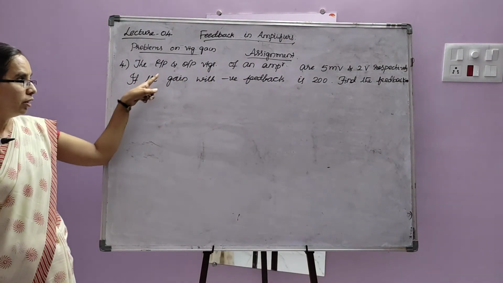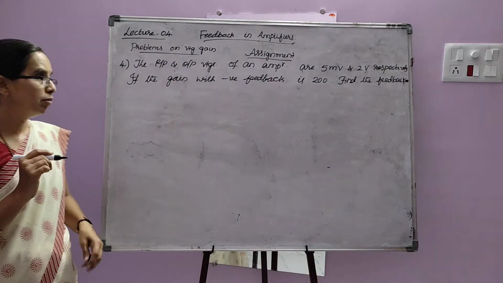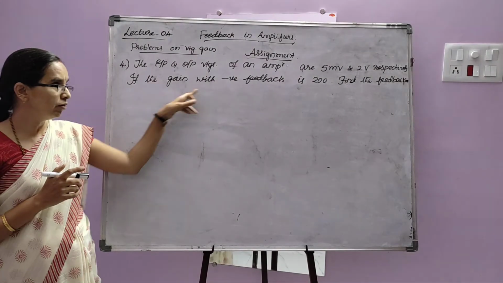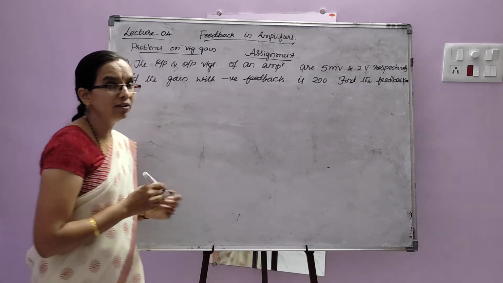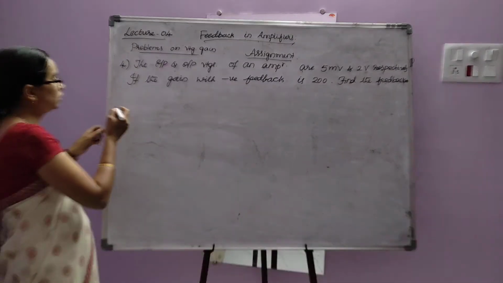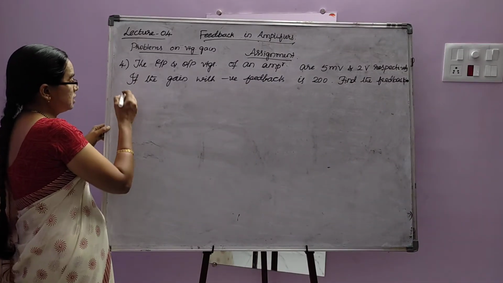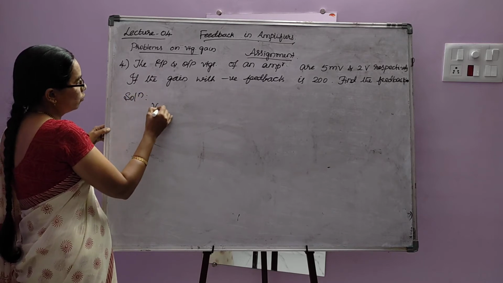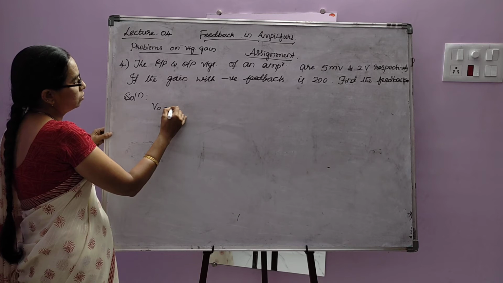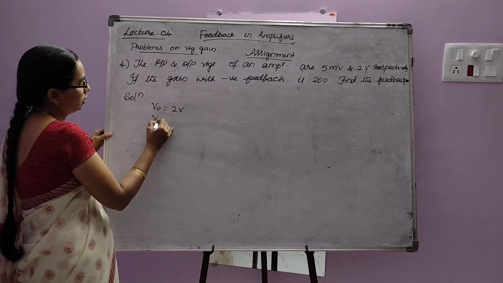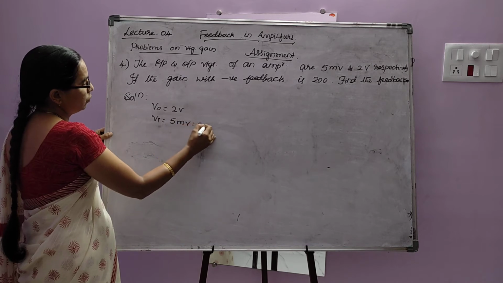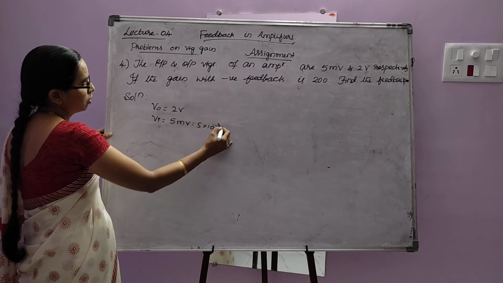See, the input and output voltages of an amplifier are 5 millivolt and 2 volt respectively. If the gain with negative feedback is 200, find the feedback fraction. So here they have given, for the basic amplifier, V0 is equal to 2 volt, Vin is equal to 5 millivolt, that is 5 into 10 to the power of minus 3 volt.